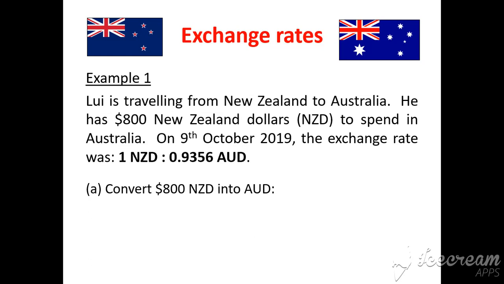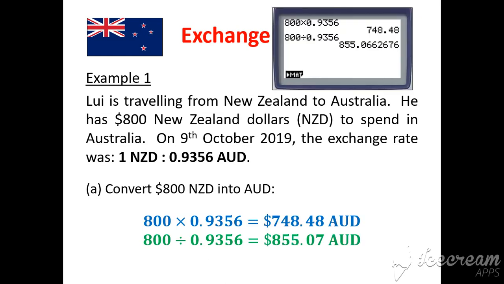So first thing, we're going to convert 800 New Zealand dollars into Australian dollars. I'm going to do both a times and a divide and use my calculator to get two possible answers, and then I'm going to work out which I think is the correct one. Look, 1 New Zealand dollar is about 93 cents in Australian money.